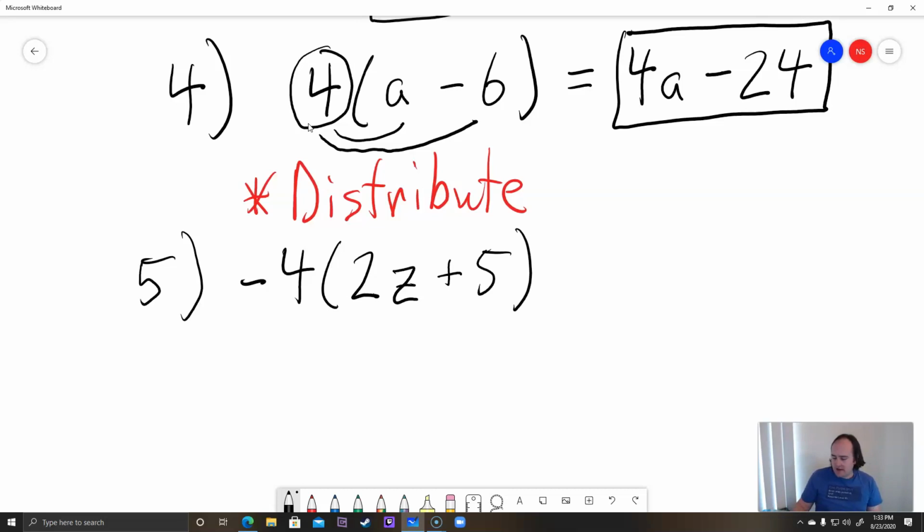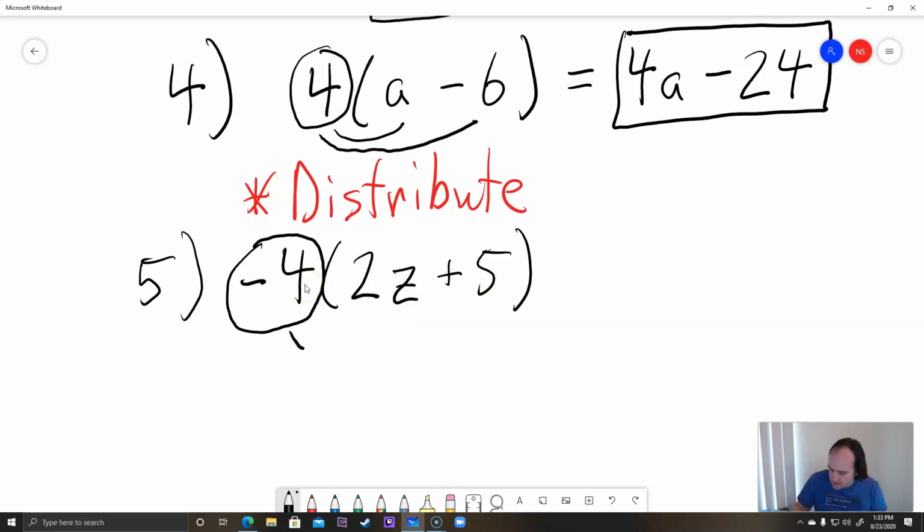So notice here out front we actually have a negative number. We have negative 4. And on the inside here we have 2 terms. So because we have 2 terms, once again we're going to distribute, which means we're going to multiply the negative 4 times each of these 2 terms, and then we're going to simplify.